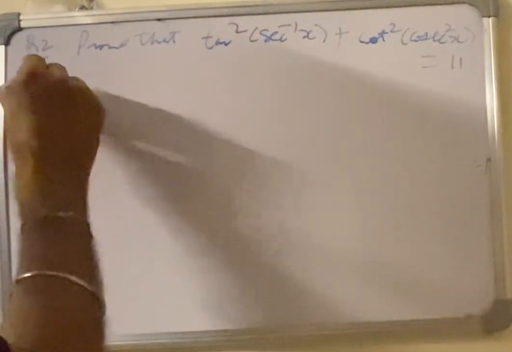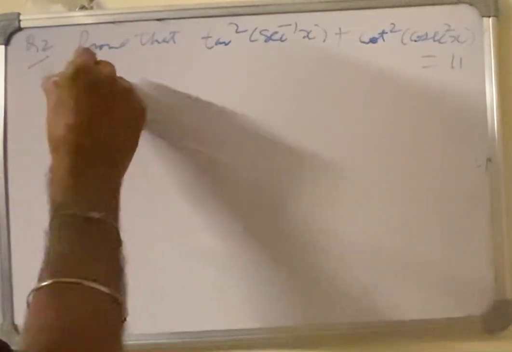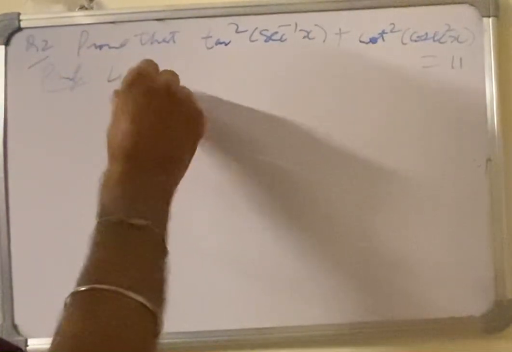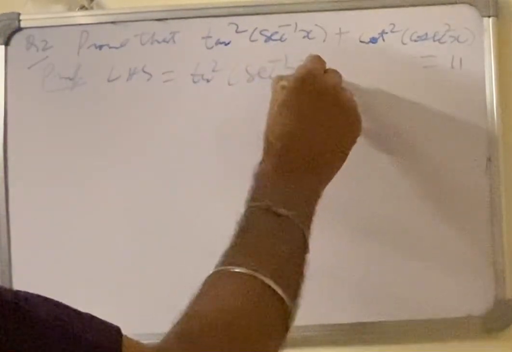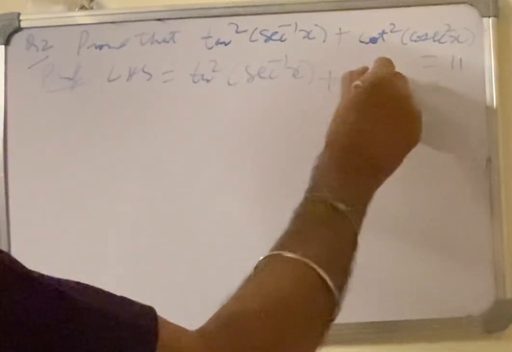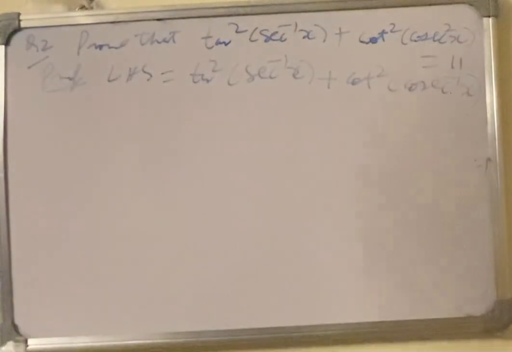Proof. Left hand side is tan square secant inverse x plus cot square cosecant inverse x.